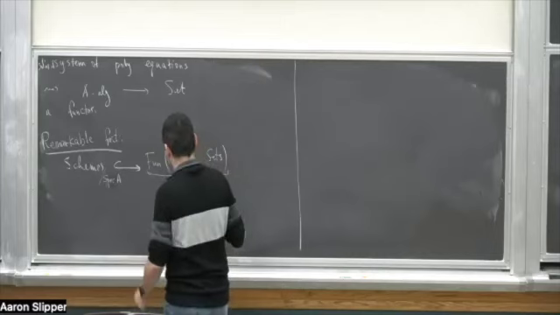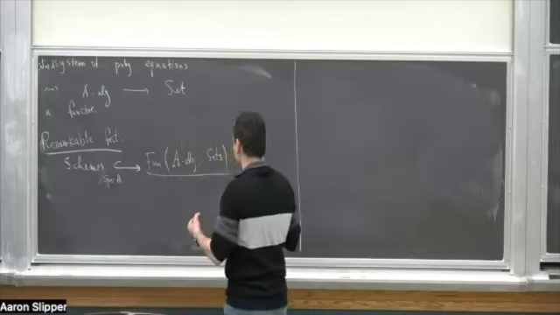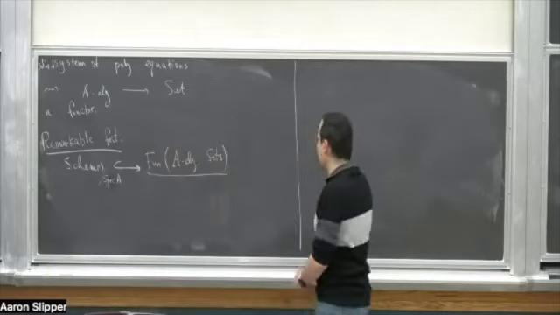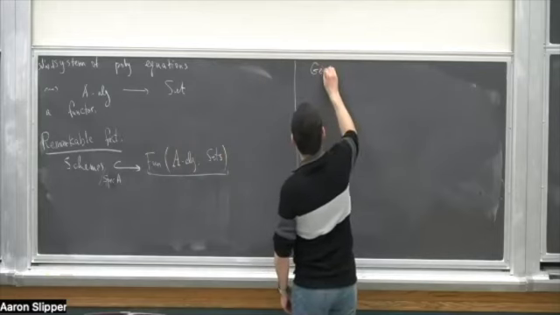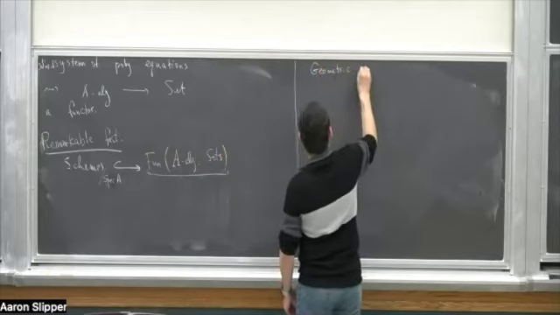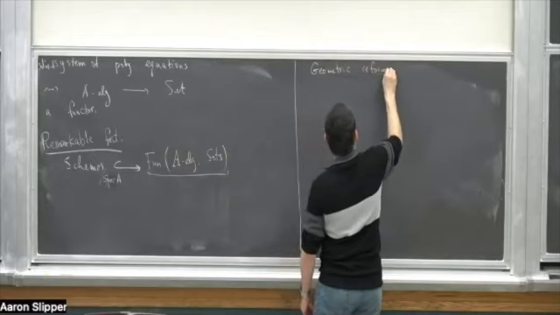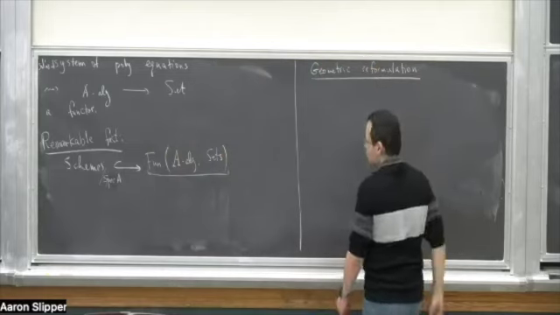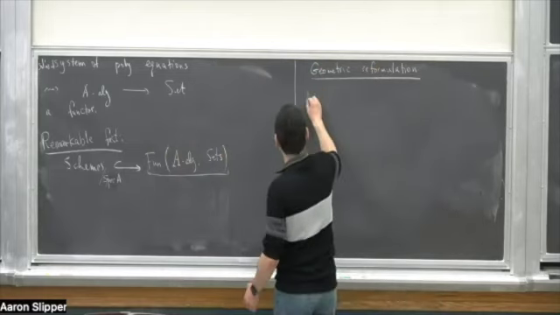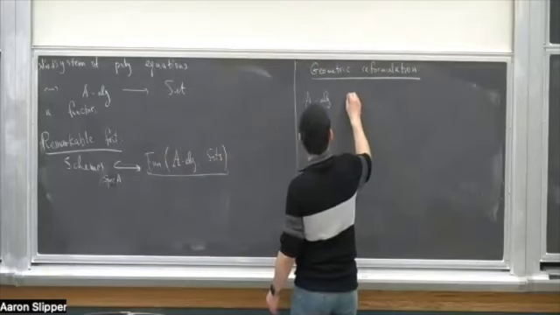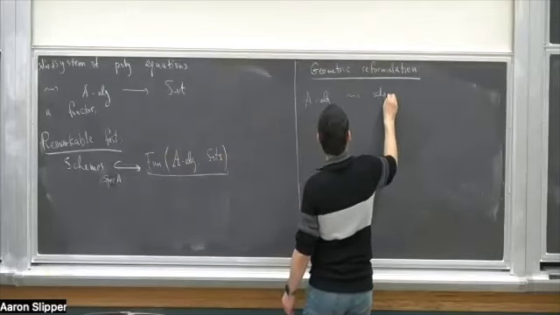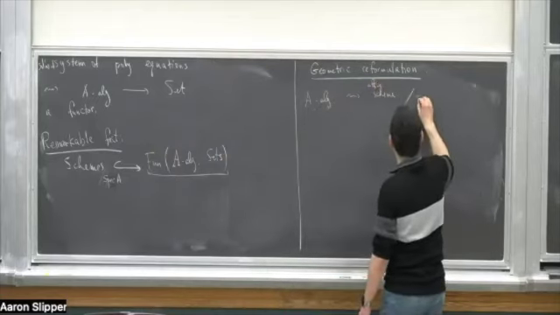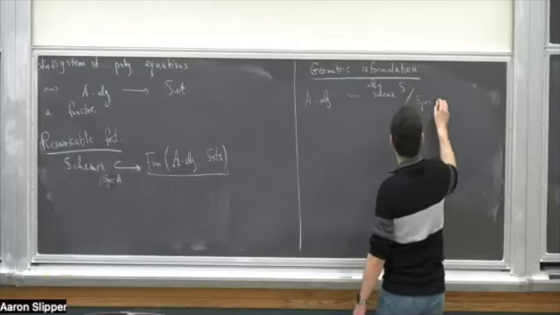Let me try to offer a geometric reformulation of this very same idea, which is, think of an A-algebra. Oh, all algebras are commutative. So this is the same as an affine scheme, a scheme over Spec A. Let's call it S.